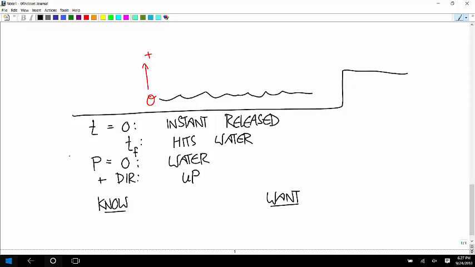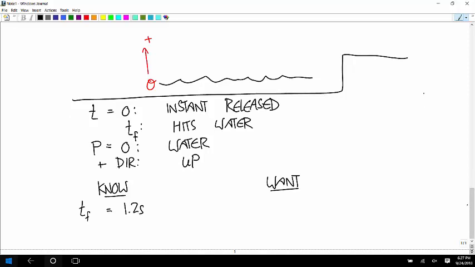Okay, so time final. Do we know what the stopwatch says when the ball hits the water? Yep. So time final is 1.2 seconds. You know the acceleration? Yes, the acceleration in free fall is always 9.81 meters per second squared down. Our positive is up, so this acceleration is negative 9.81.